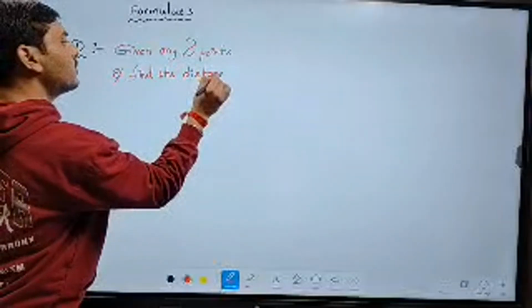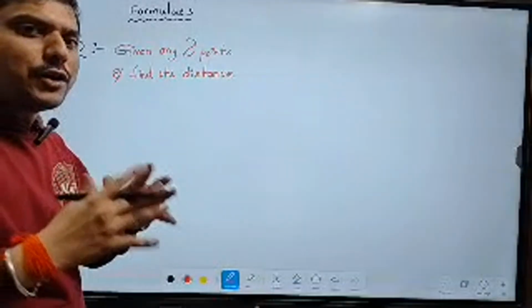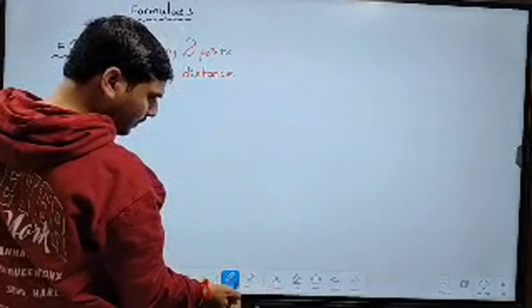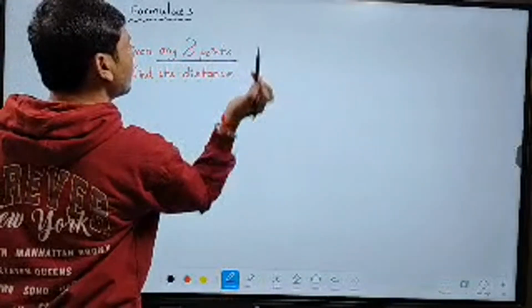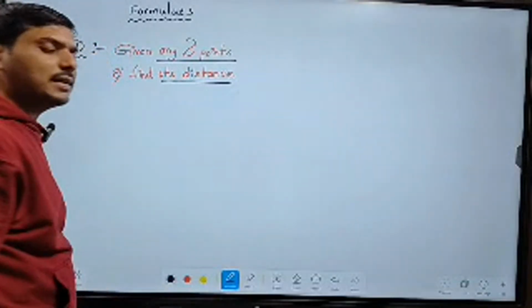This is the first formula, students. The statement is: any 2 points are given, and find its distance.